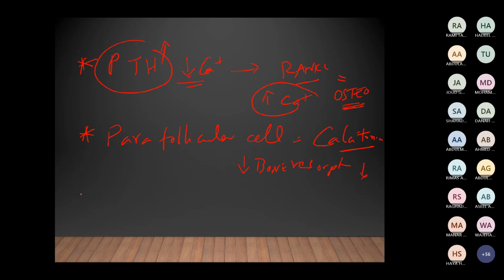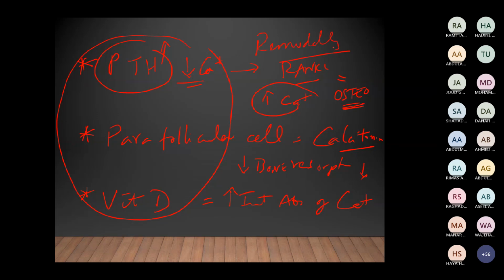Number three, nowadays people are eating a lot of vitamin D. Vitamin D will increase intestinal absorption of calcium. So these are the three different areas that help in bone remodeling, very very important to understand, or fracture healing.